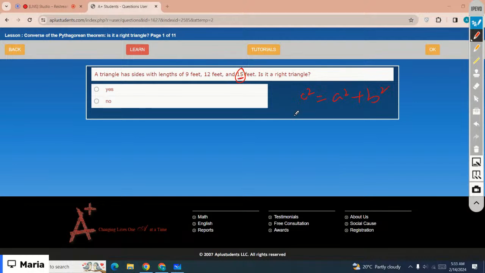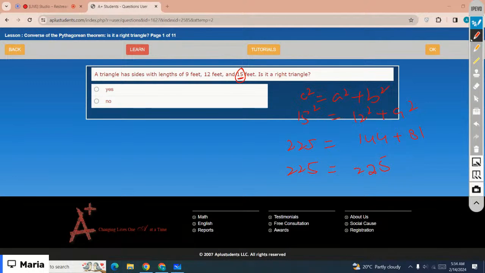This is the c, 15 squared equals 12 squared plus 9 squared, that is 225 equals 144 plus 81. If both sides are exactly equal, that means yes, that is a right angle triangle, right? So see, both sides are exactly equal, right? So that means these are the measurements of a right angle triangle.